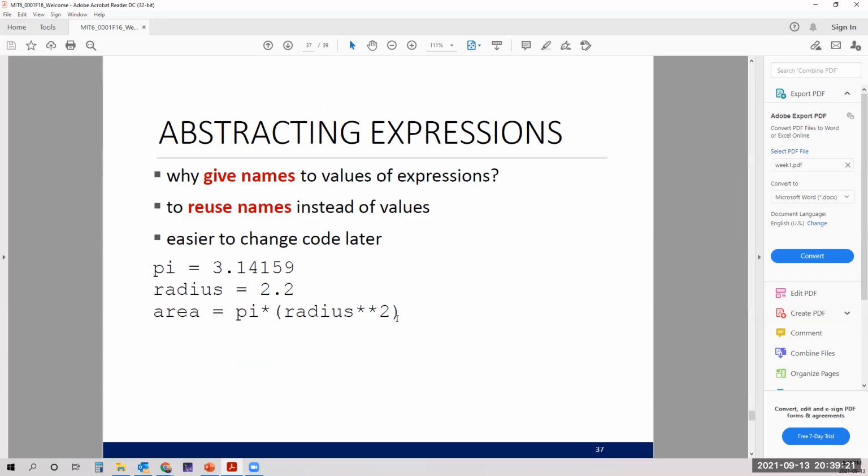Pi, radius, area: pi times radius to the power 2. And everybody knows that the area of a circle is pi r squared, where r is the radius, right? So here is how we do the area of a circle using Python.